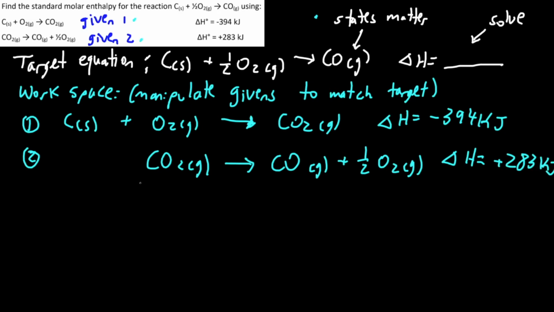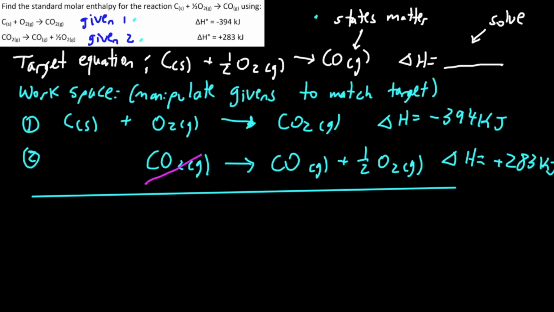All right, so from here, let's see what we get when we cancel out the compounds. Carbon dioxide cancels here, and we have half of oxygen here, which cancels out with one whole oxygen. So that means you're going to have 1/2 left over.